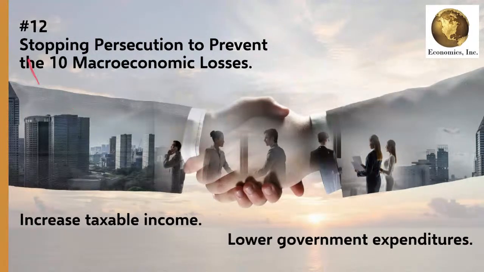So this is going to give more resources so we can stop persecution to prevent the 10 macroeconomic losses that we saw. And in a state or a nation like Nigeria's potential.